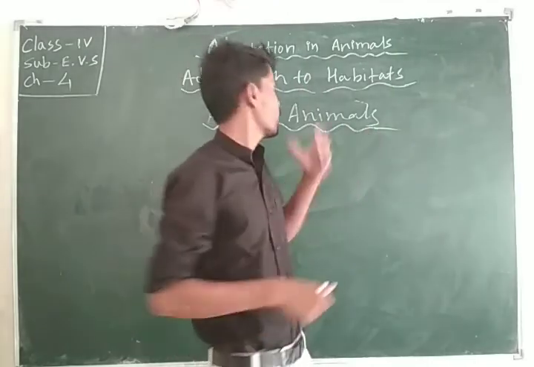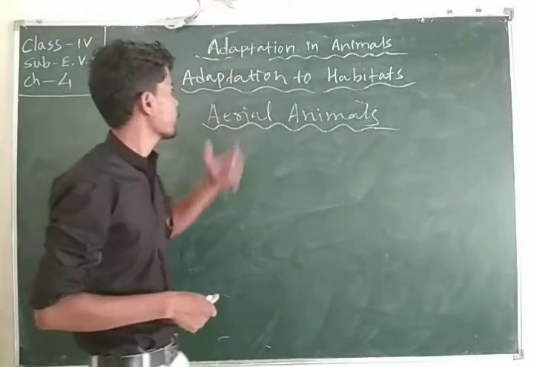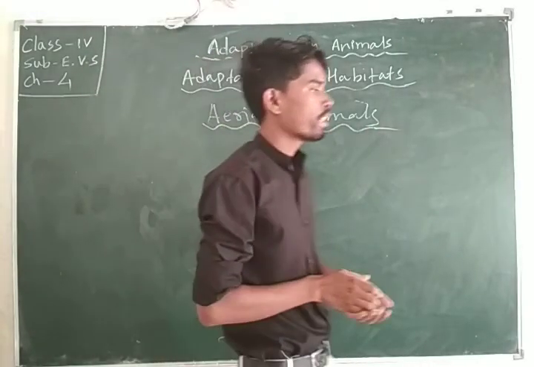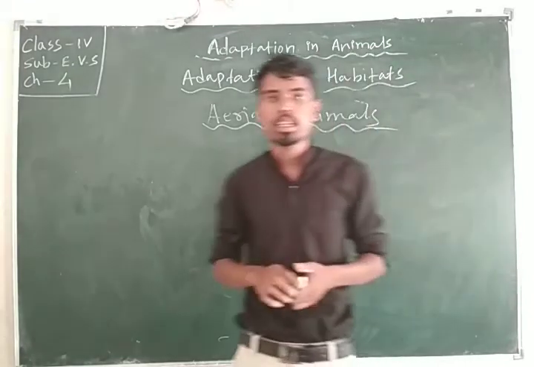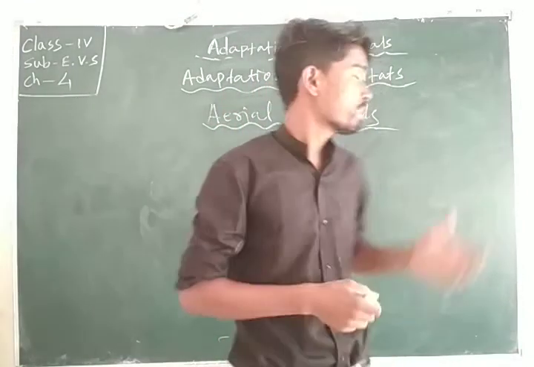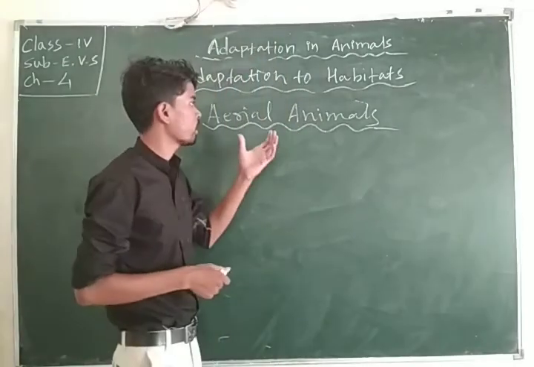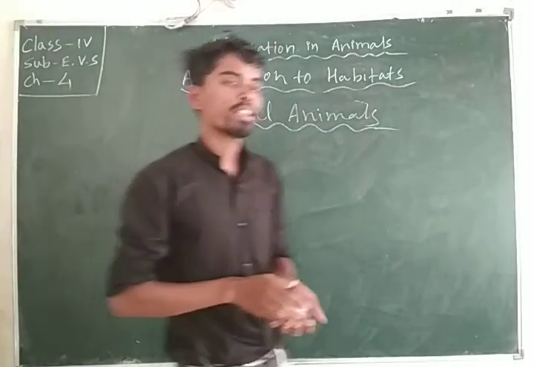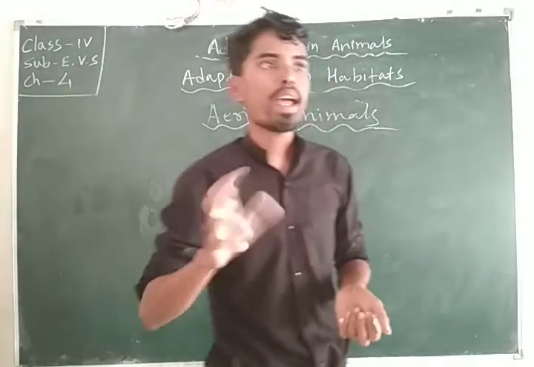That type of animal is called aerial animals. Aerial means the air. They easily fly in the air. This type of animal is the birds, and they can easily fly.